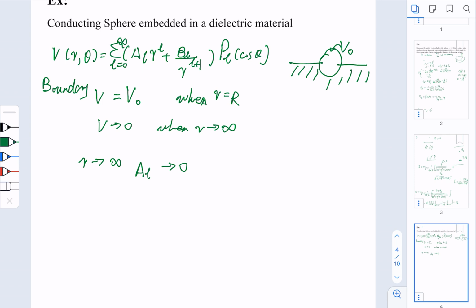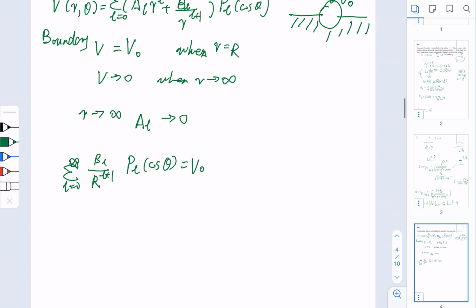Now for the B coefficient, we simply write down the boundary condition, and we can arrive at B naught and B L. For L equals 0, it's non-zero, but when L is not 0, it has to be 0, because on the right hand side we don't see any theta dependence.